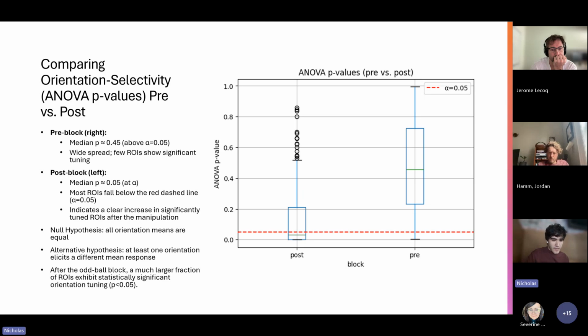this ANOVA just to see, between the pre and post blocks, how many ROIs are exhibiting orientation tuning that rejects the null hypothesis, which is that all orientation means are equal.